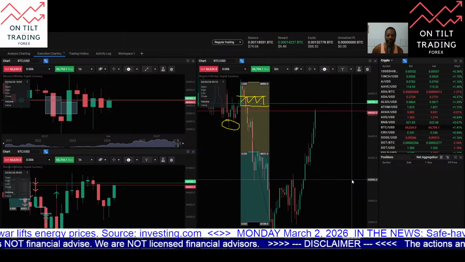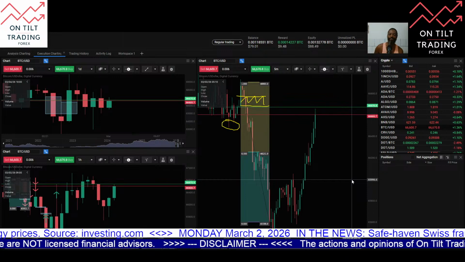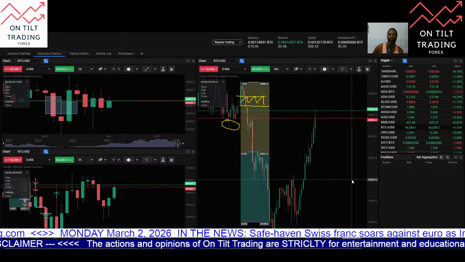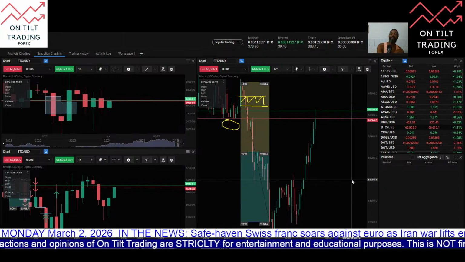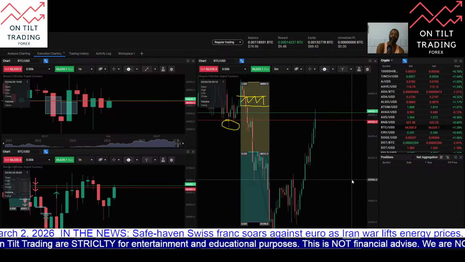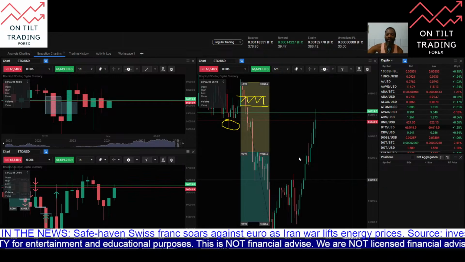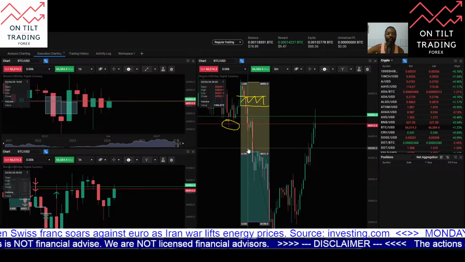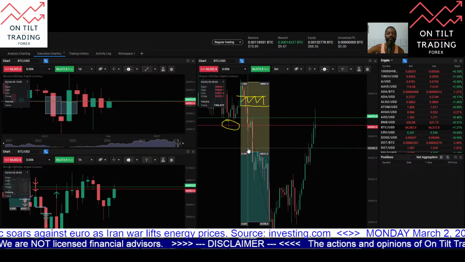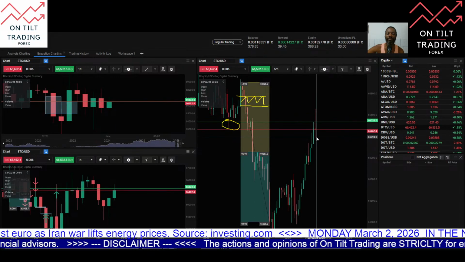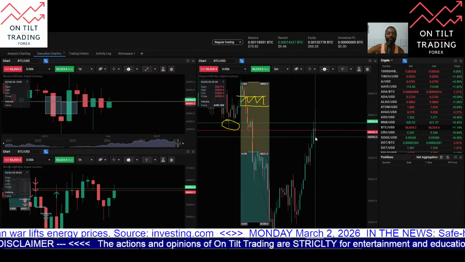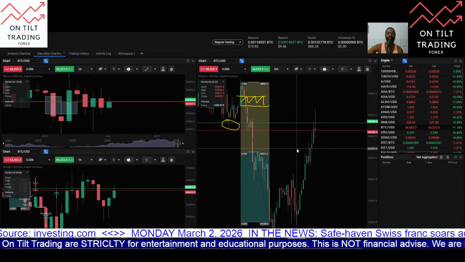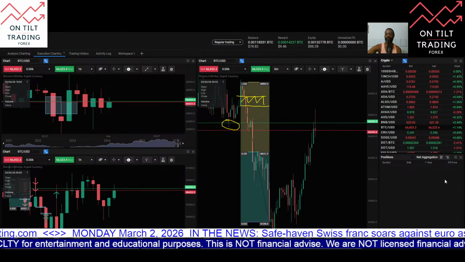Price is still delivering to the buy side here. Seeing a reaction here. High here is 668.1. Price reacting here.